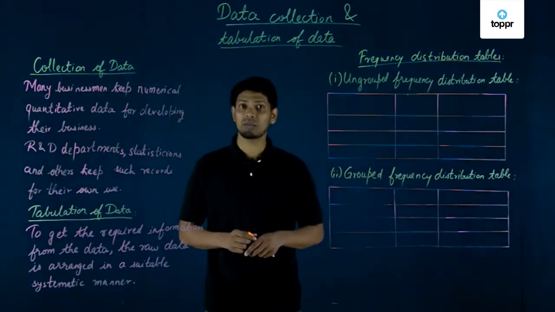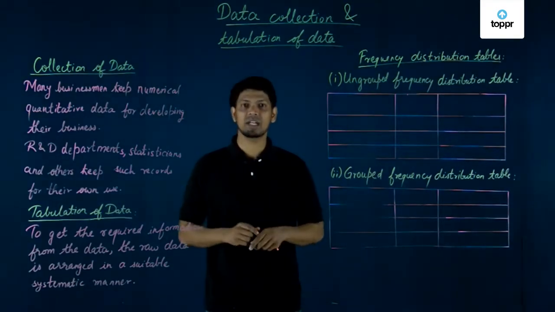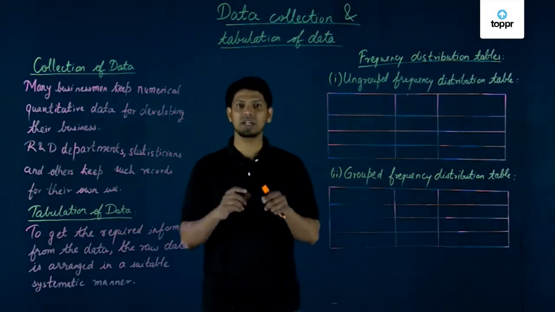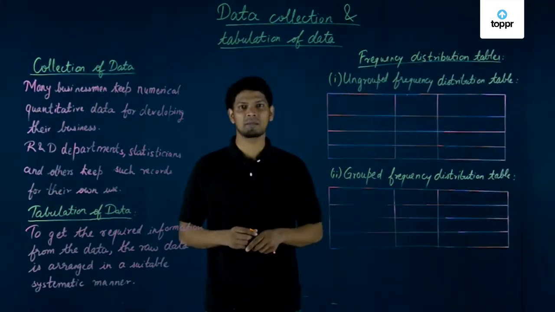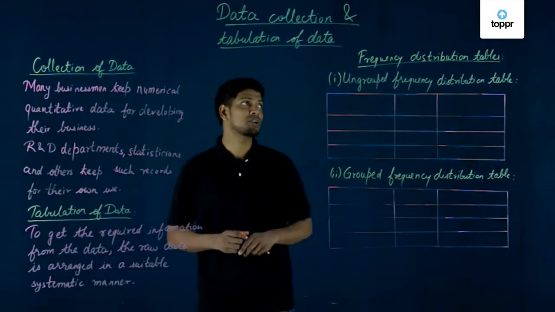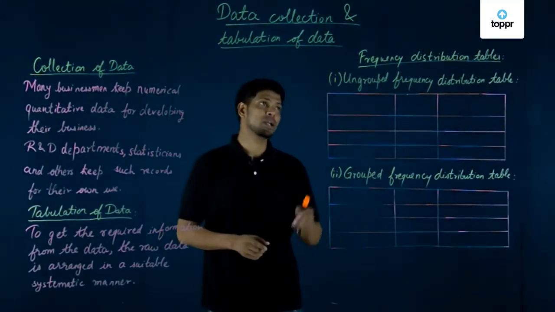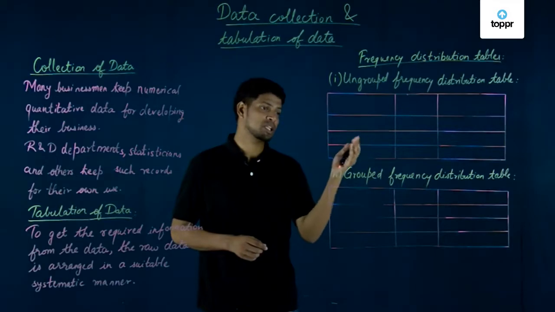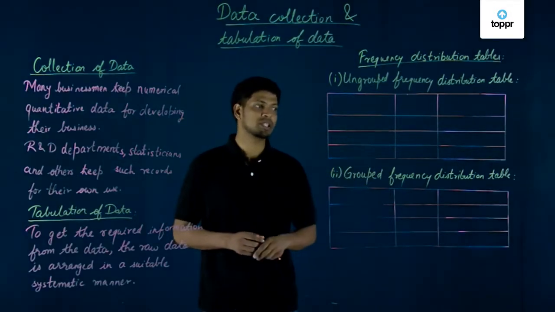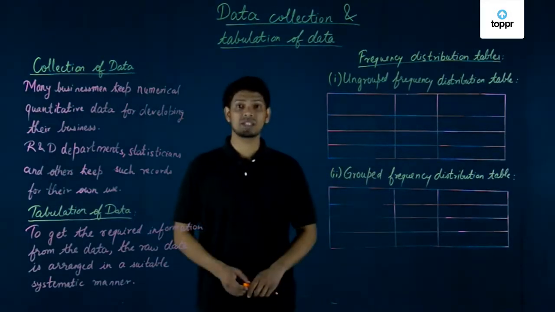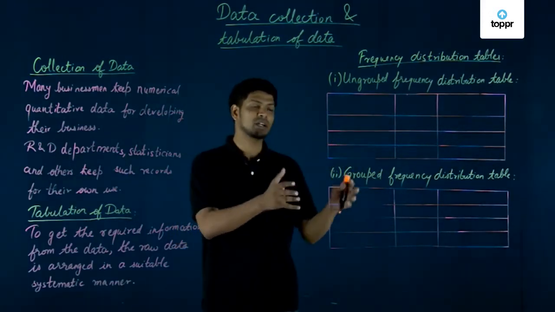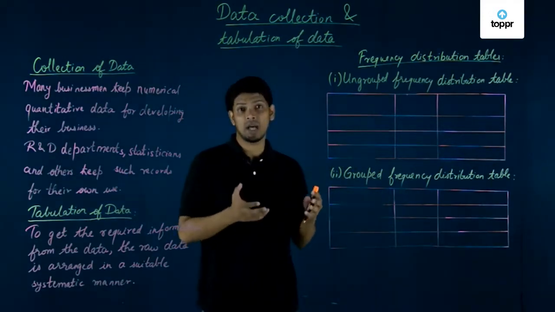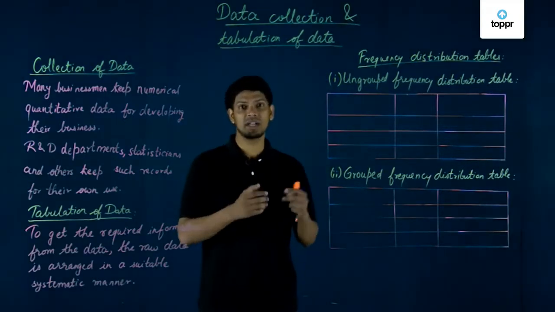One of the methods is tabulation, that is, making a table and putting the data in it so that you can refer to it and use it when required. Here we will see frequency distribution tables: one is the ungrouped frequency distribution table and the other is the grouped frequency distribution table. Now we will see how we can put the data in a table so that we have the maximum benefit from the data.